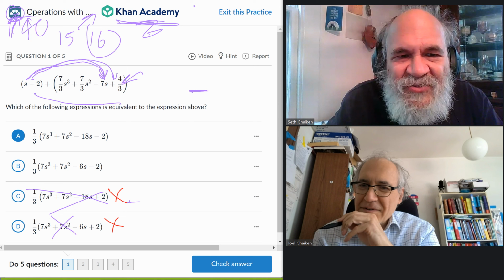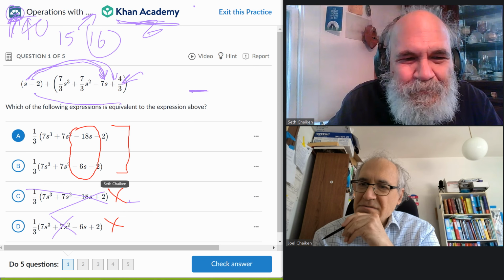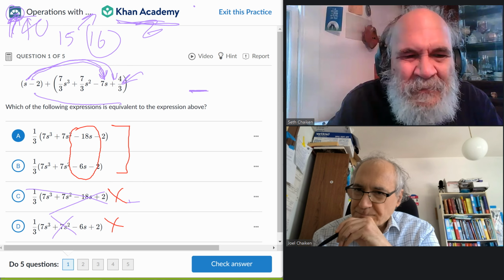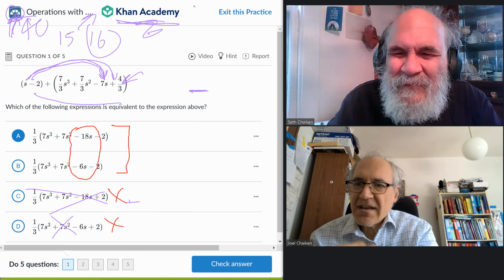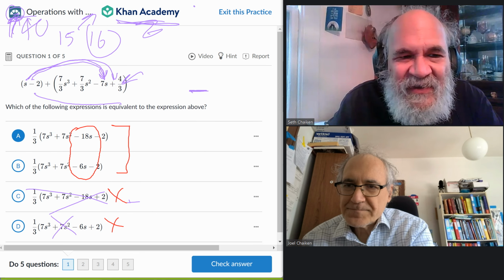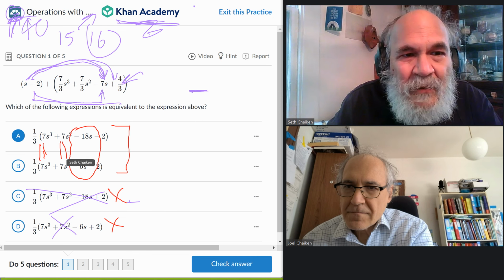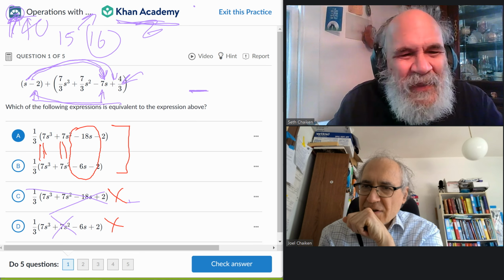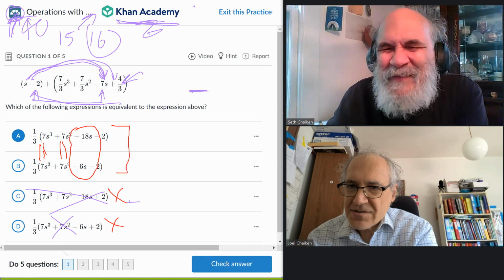And then you look at these two, and the only difference is in the linear term. So then you pick out the linear term from here and see which one it is. That's a good idea. See, it's easier to see that these are equal and these are equal.